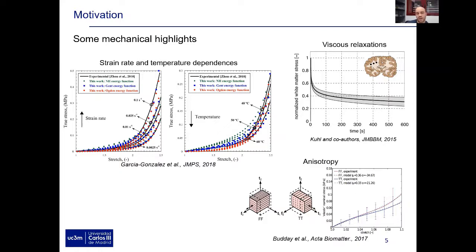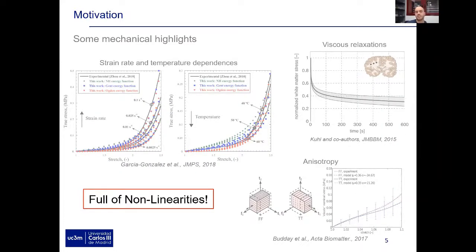On top of that, a common characteristic of all these dependencies is that this is full of nonlinearity. Not only from a modeling perspective, but also when we analyze experimental data, we need to account for these changes. As we reach large deformations, we need to account for all these nonlinearities.